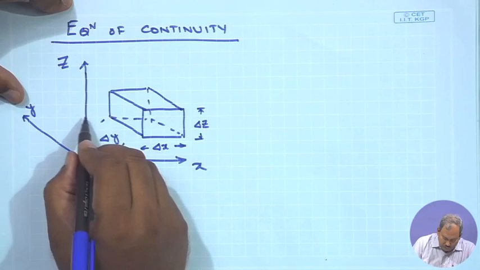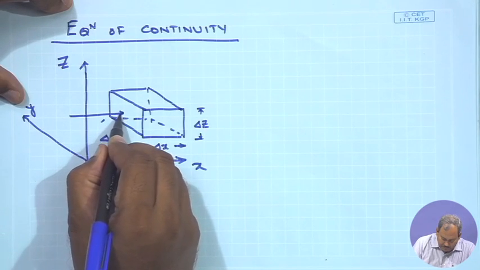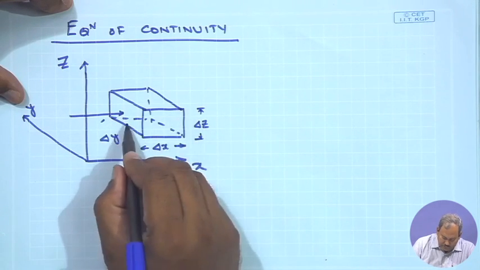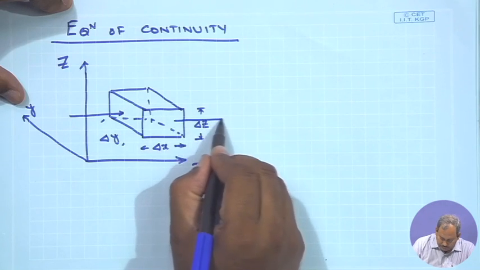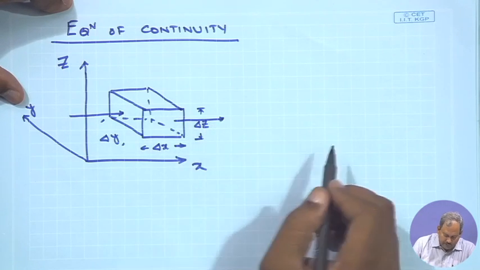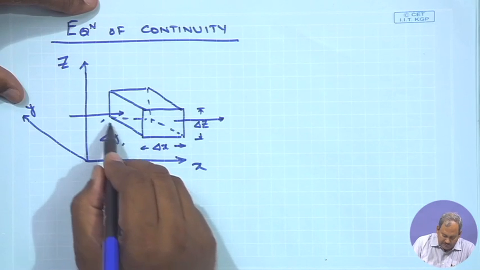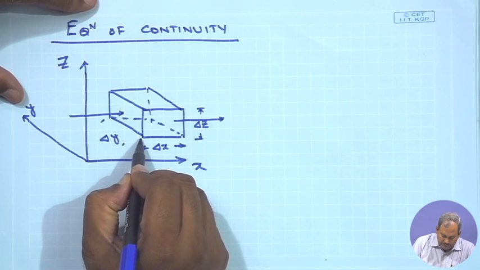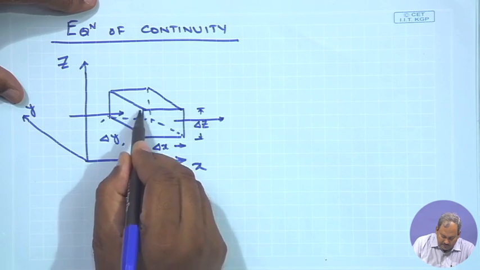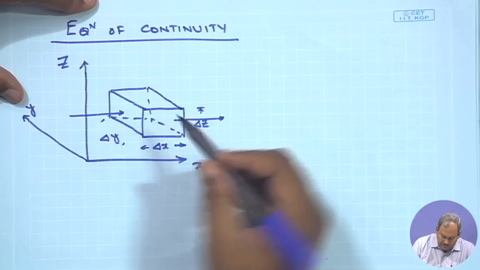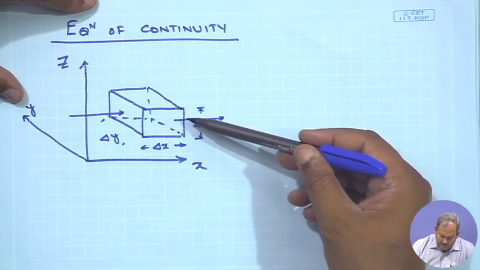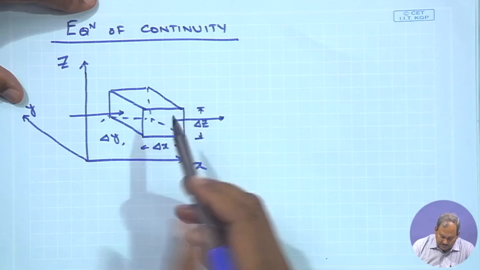Some amount of mass is coming in here through the x phase and some mass is going out. The x phase is defined as this phase which has area del y, del z. So, this is your x phase, and on the other side you have the x plus del x phase.